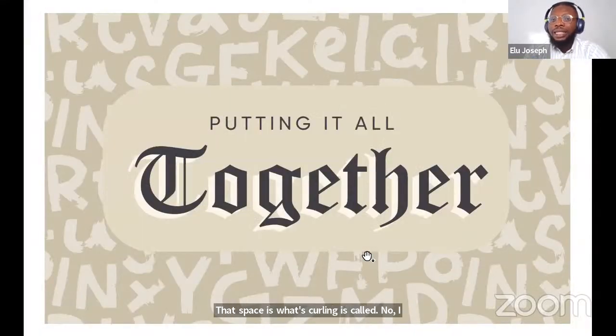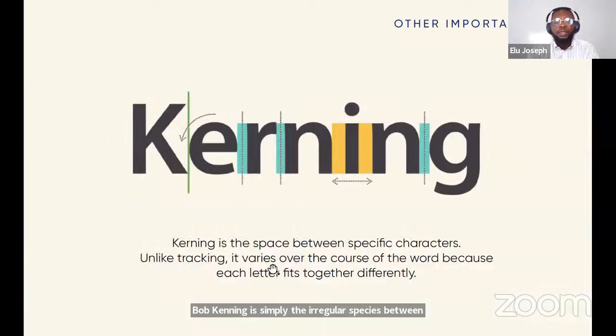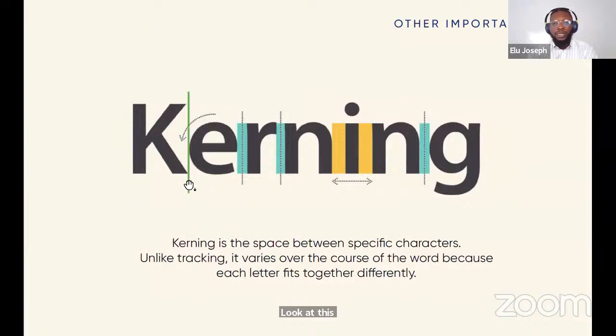Now, I said there are fonts that have what? Bad kerning. What does bad kerning look like? Bad kerning is simply the irregular spaces between characters. Look at this. You can see that the spaces are still evenly distributed.